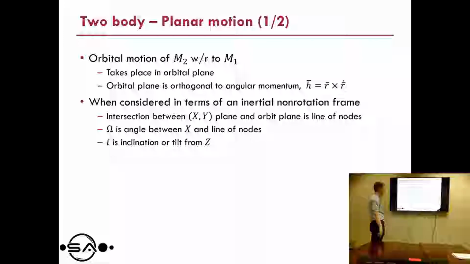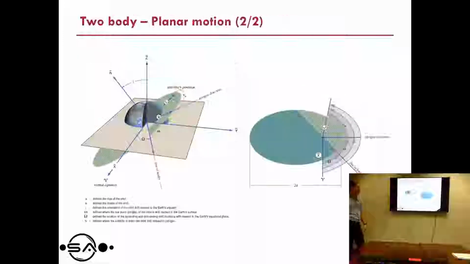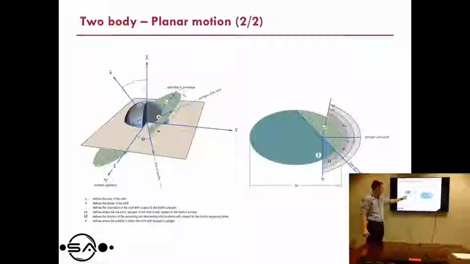So there's our right ascension of the ascending node, or longitude of the ascending node, to our line of nodes, and then we tilt about the x, about the line of nodes, in order to tilt to our orbital plane.